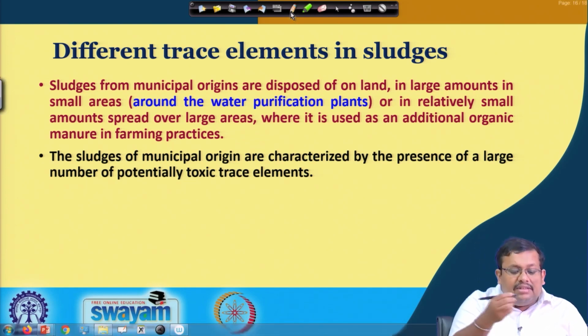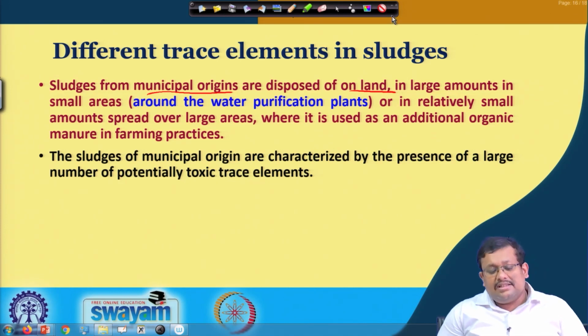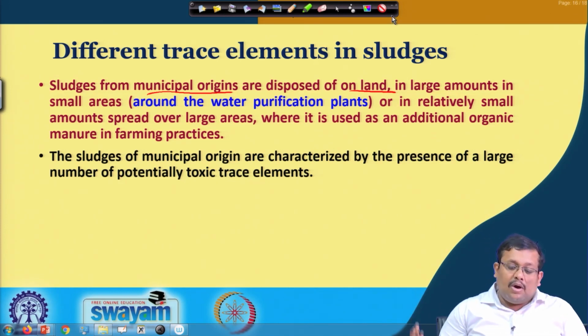So, again these sludges are basically generated from these municipal origins and disposed of on the land in large amounts in small areas, for example, nearby some water purification plants, or in relatively small amounts spread over the larger areas, basically as a means of addition of organic manure for farming practices.